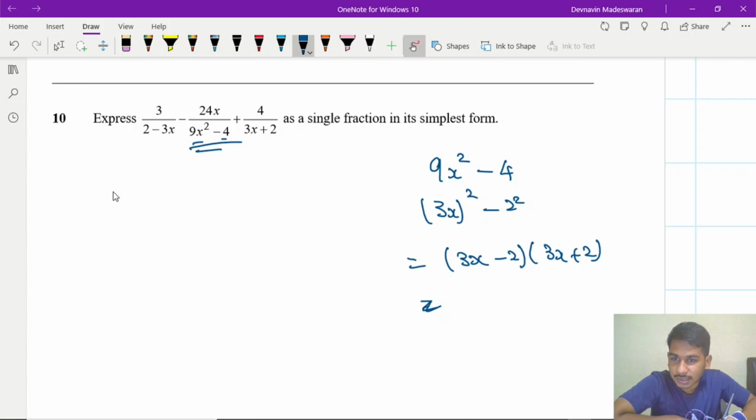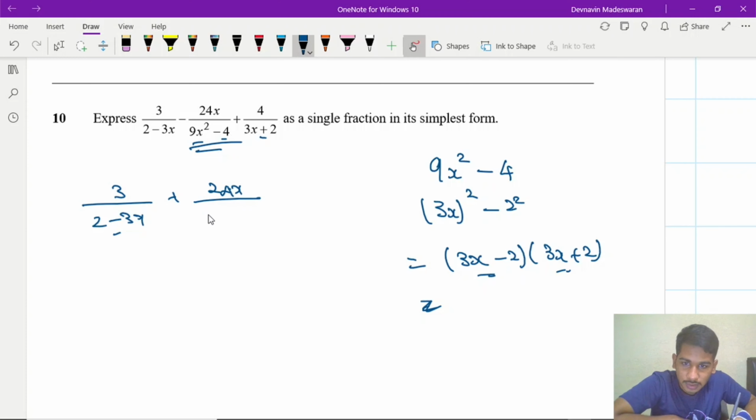So it's going to be 3 over 2 minus 3x. You see this is very similar to this, and this is very similar to this, just opposite. I'll show you a nice trick. If I move the negative inside, it's going to be 24x over 2 minus 3x, and then 3x plus 2, plus 4 over 3x plus 2.